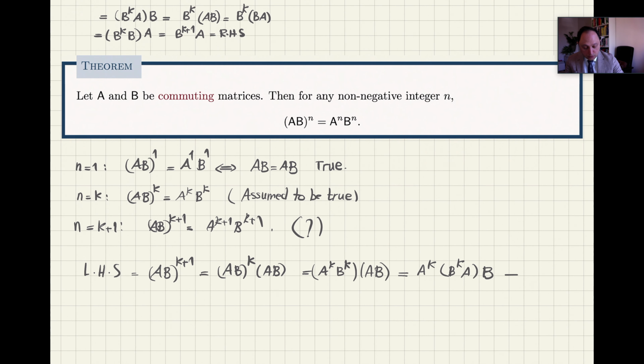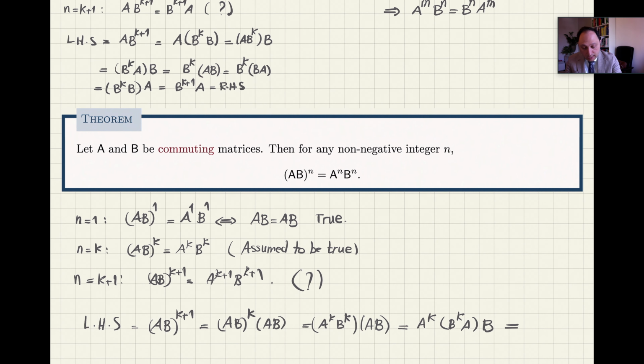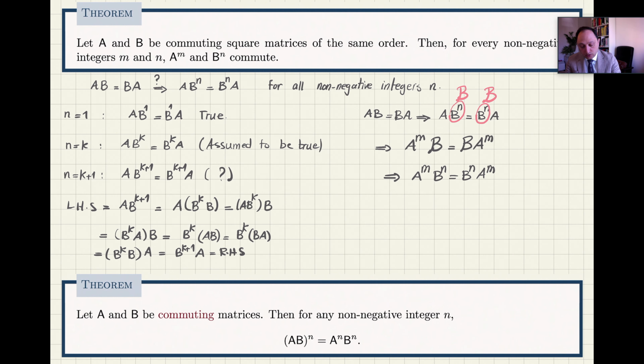Now can you tell me how should I continue and why? You switch the B^k and A. Why can I do that? Because they're commuting. Because of the previous theorem, yes. You are right. A and B are commuting, but we don't know that A and B to the k are commuting in the first place unless we have already convinced ourselves that this is indeed the case, and we did it.